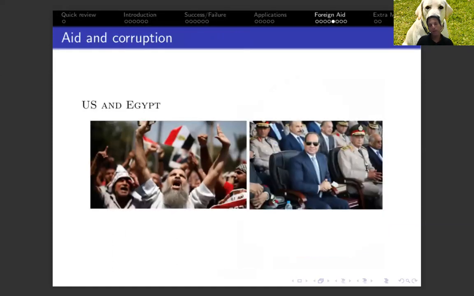Another example is the extensive foreign aid that the United States provides to Egypt. Since the signing of the Camp David agreements and the peace accords between Israel and Egypt in the late 1970s, the United States has provided a substantial amount of aid to Egypt.